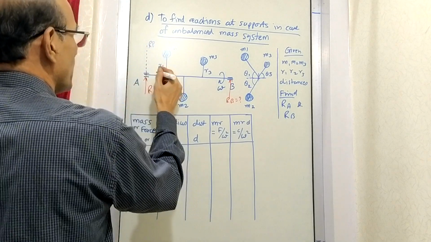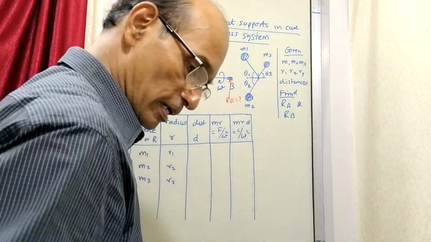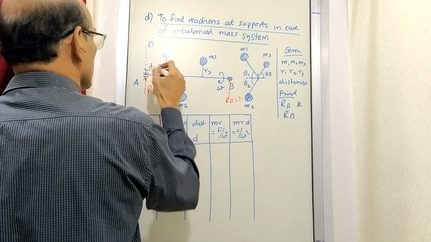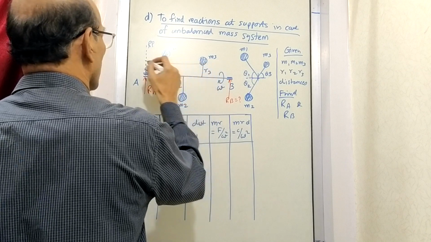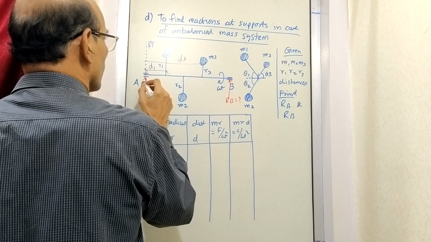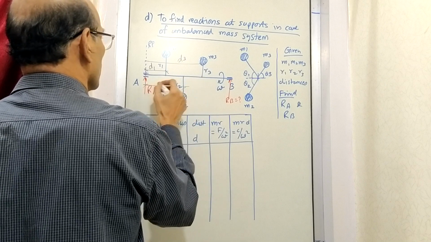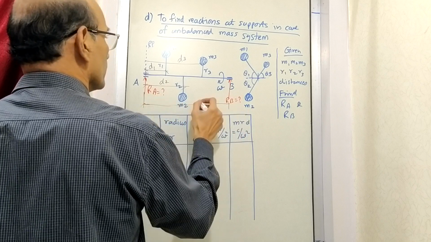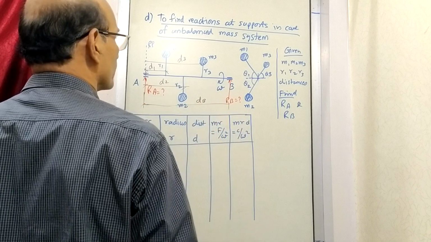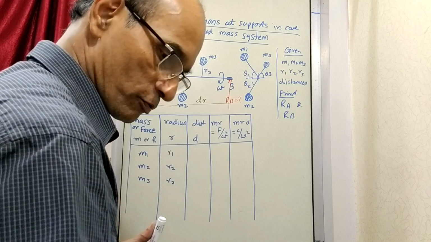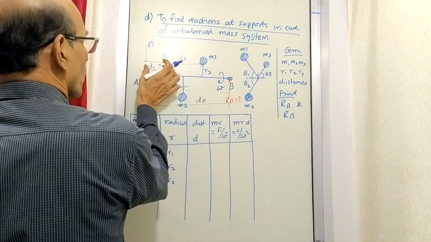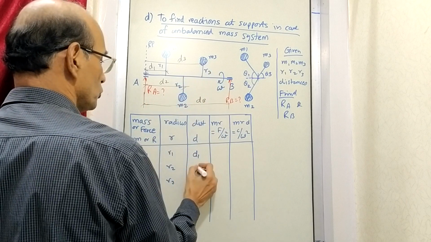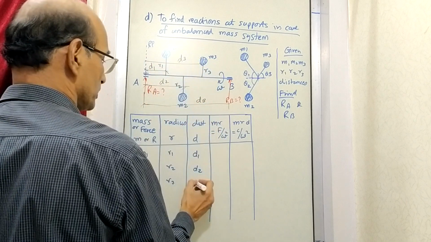Now once this is the reference plane, then we are going to measure the distances, saying that this is D1, from here to here it is D3, from here to here it is D2, and then from here to here the distance is D for B. So there are different distances we have marked. So M1 is at a distance D1, M2 is at a distance D2, M3 is at a distance D3.